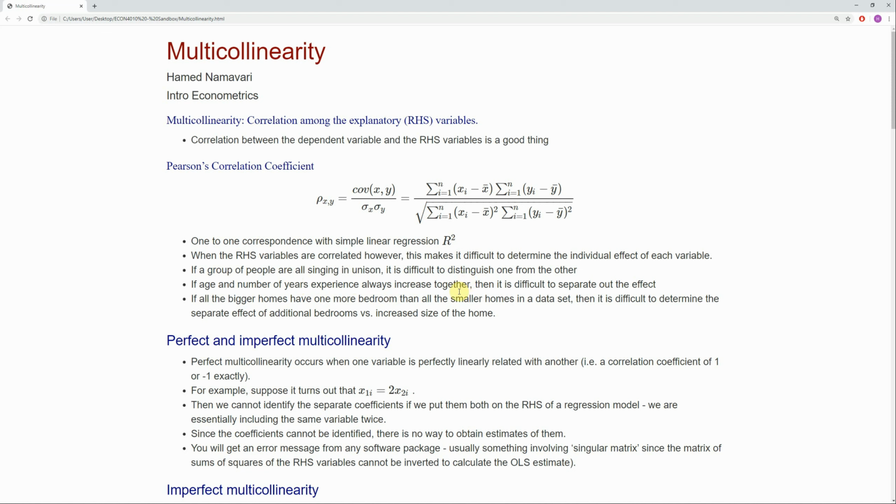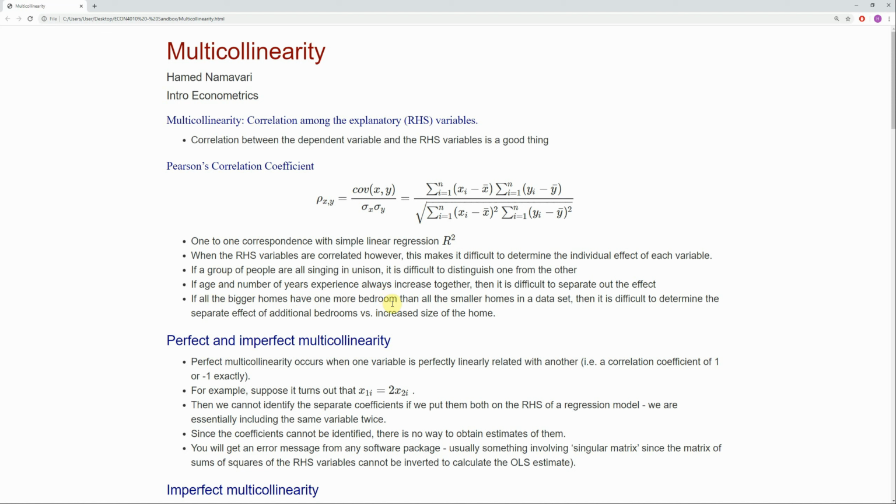For instance, when you're analyzing wage for workers, it's hard if you have age and number of years of experience on your right-hand side because those two variables are potentially correlated. As age increases, it's expected that you have higher experience in that job as well.